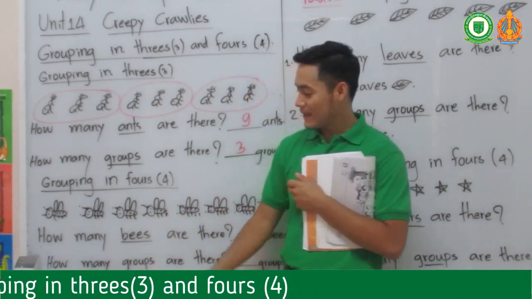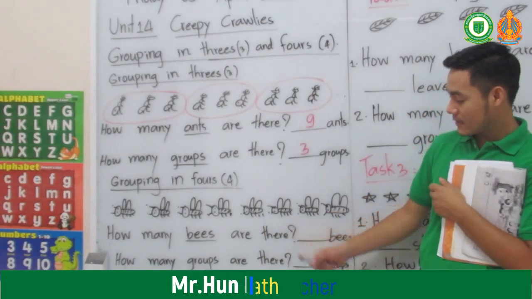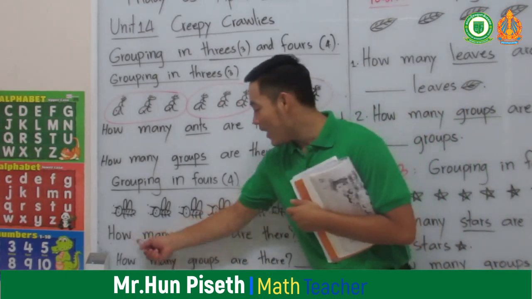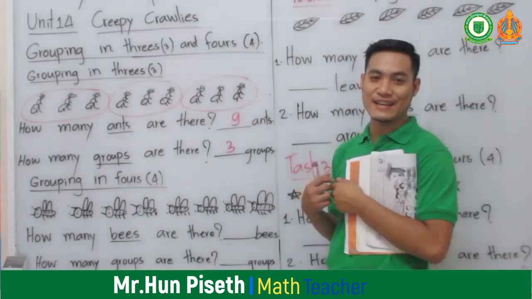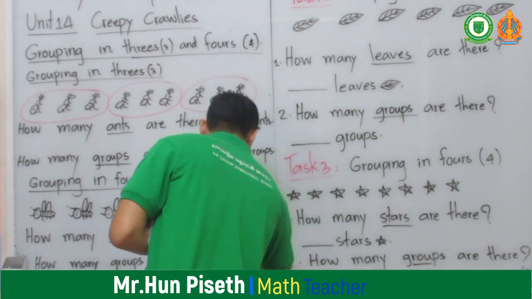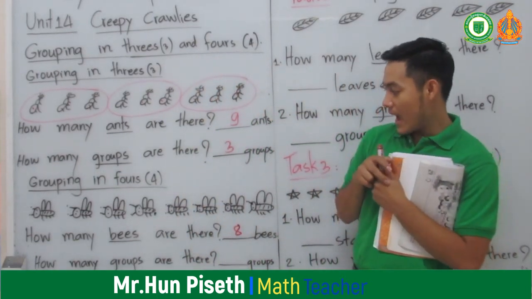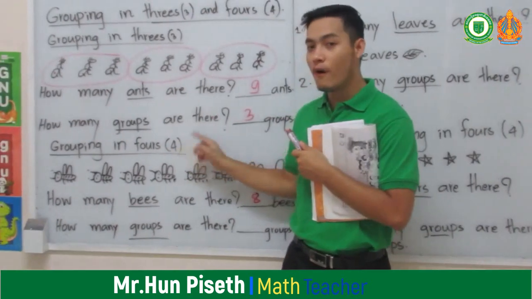1, 2, 3, 4, 5, 6, 7, 8. So how many bees are there? You already counted. So there are 8 bees. Okay, so here we complete number 8. Okay, 8 bees. And then we start grouping it, and we're grouping in 4.